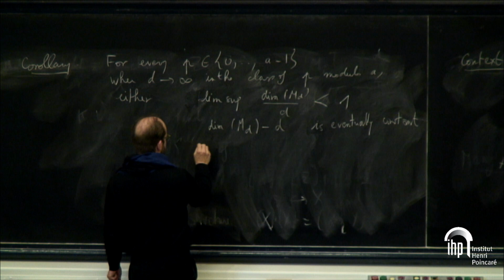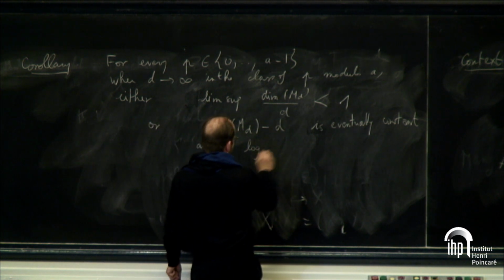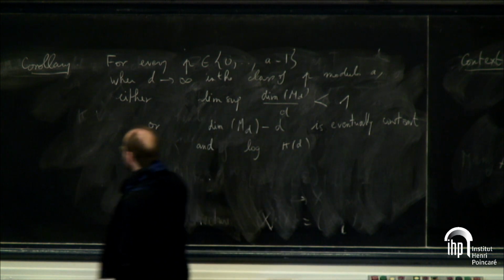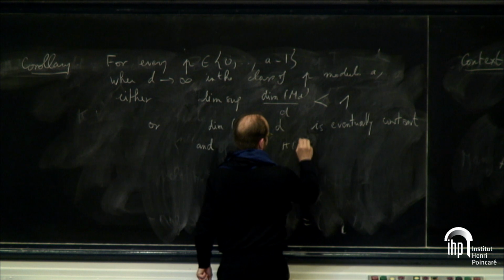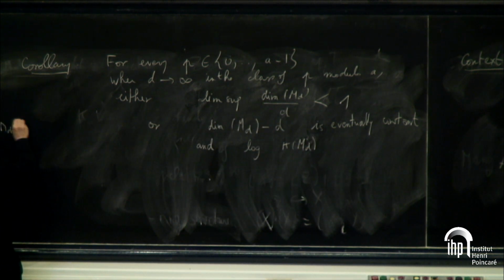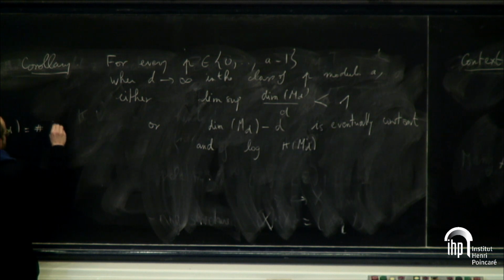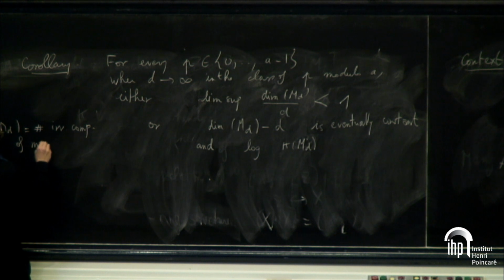And if you look at kappa of M_d, kappa of M_d is just the number of irreducible components of maximal dimension.